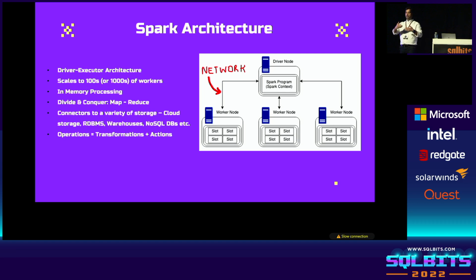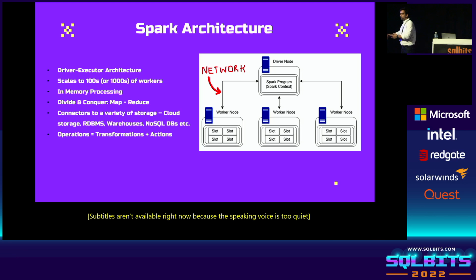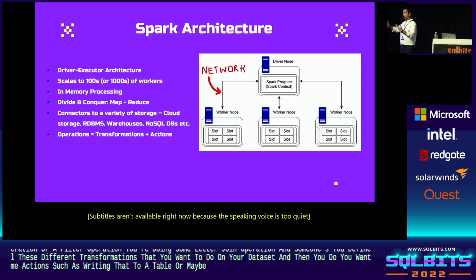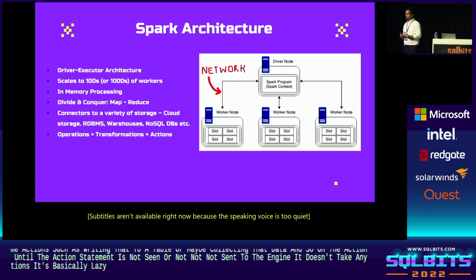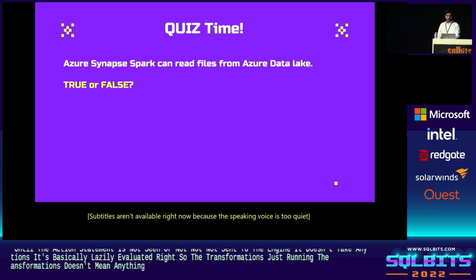You define all these transformations on your data set, and then you run some action, such as writing to a table or collecting the data. Until the action statement is sent to the engine, it doesn't take any action. So it's lazily evaluated, right? Just running the transformations doesn't mean anything in Spark.